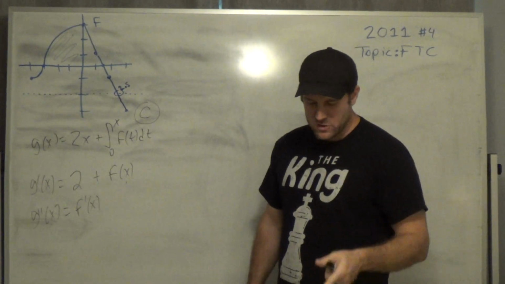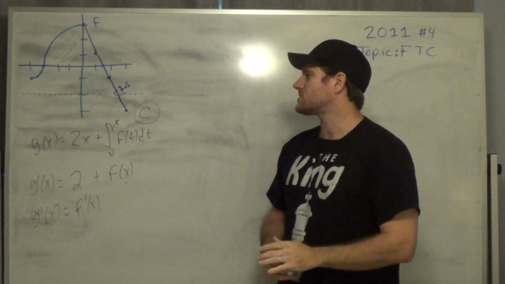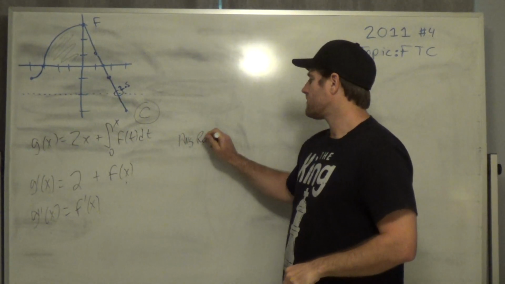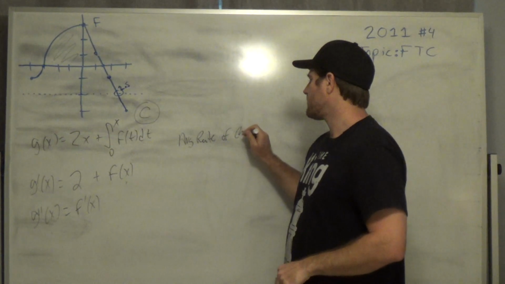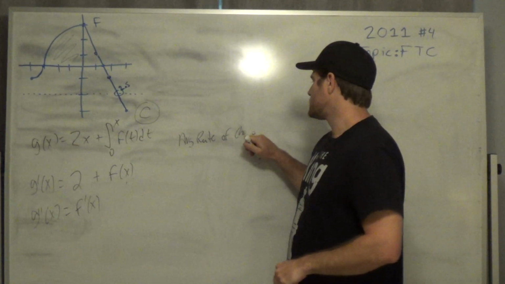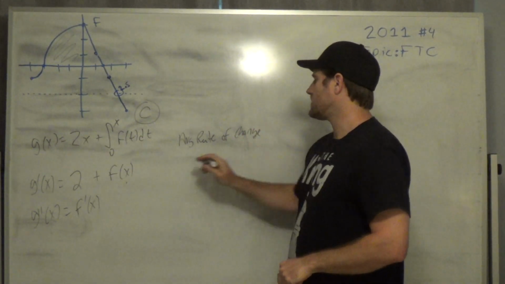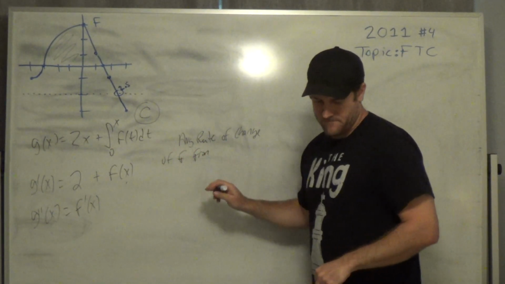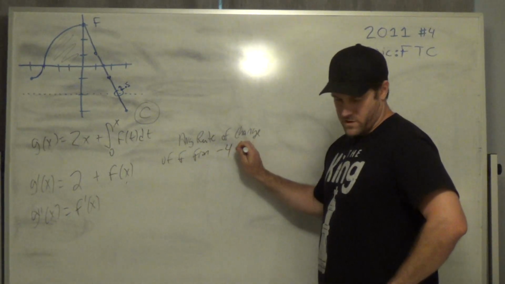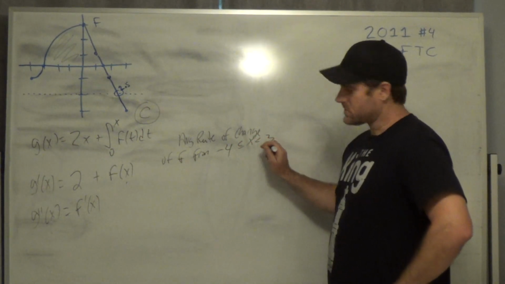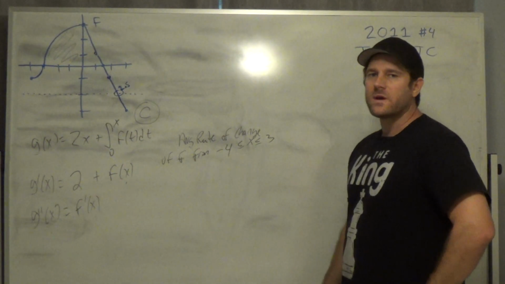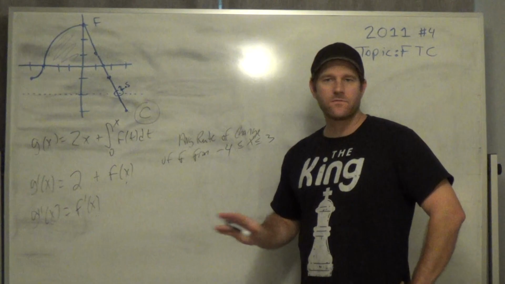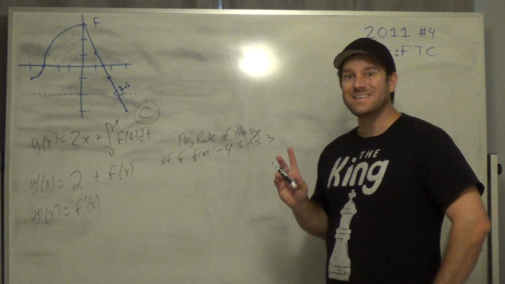They ask you for the average rate of change of f, from -4 to 3. Average rate of change is on your AP exam. Now, if it had said average value of a function, nope. Average rate of change, yes.